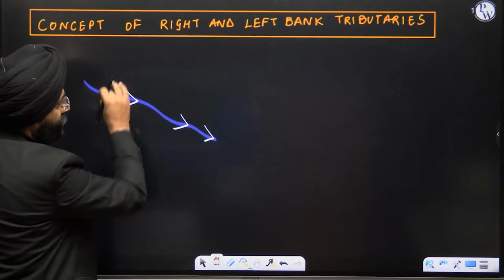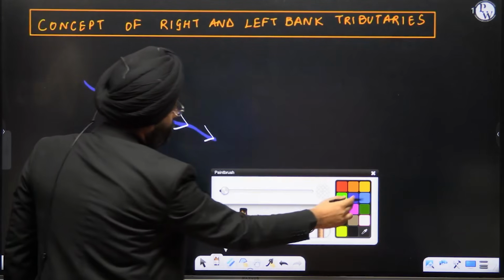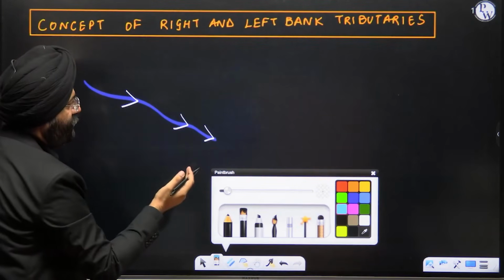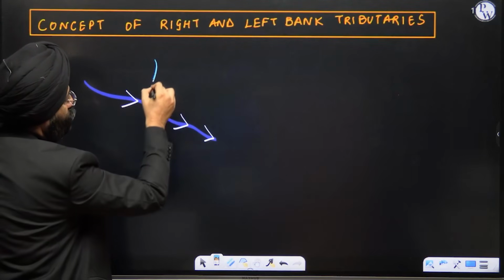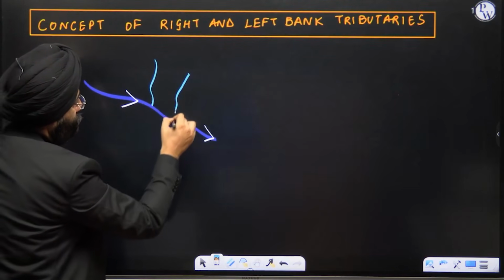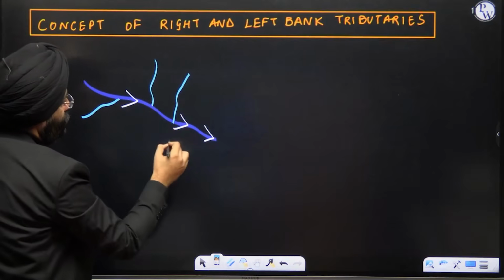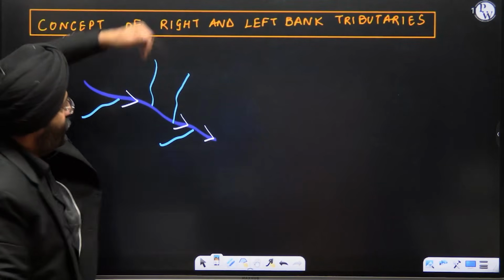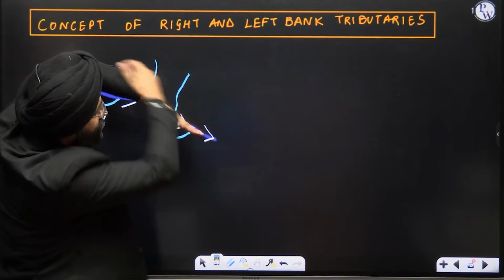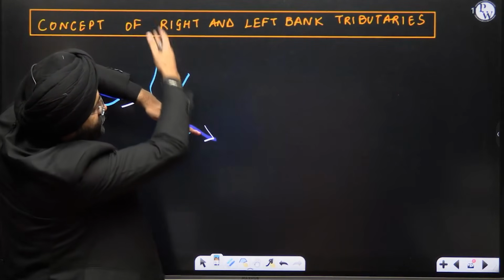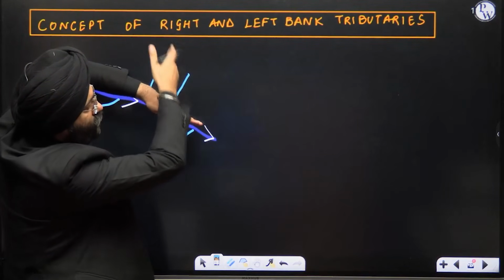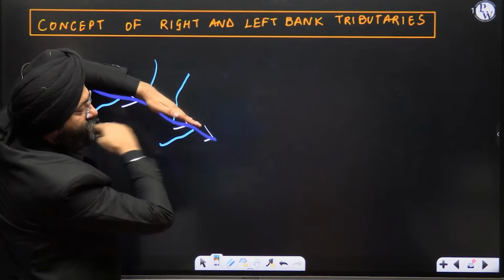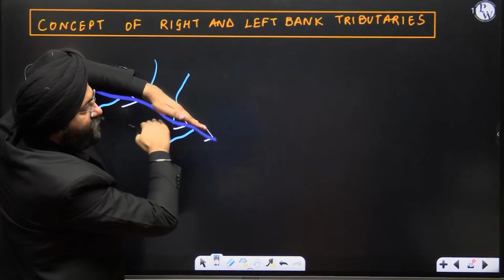Clear? If it is flowing in this direction, that is good enough for me to analyze what are the left bank and right bank tributaries. So supposing certain rivers are joining from this side, and certain rivers are joining from this side. Now, what you need to do is analyze from the side of the direction. That means if it is going this way, the ones joining from the left side of the direction of flow are left bank. The ones joining from the right side with respect to the direction of flow are considered right bank tributaries.